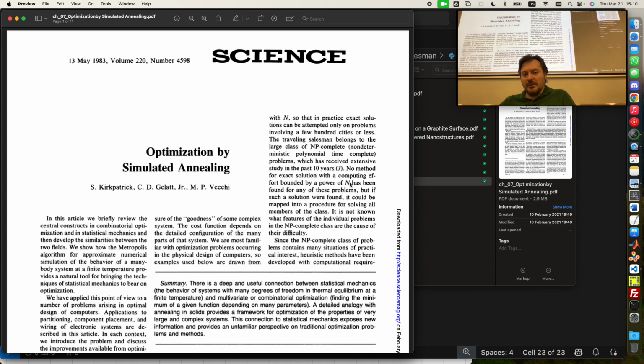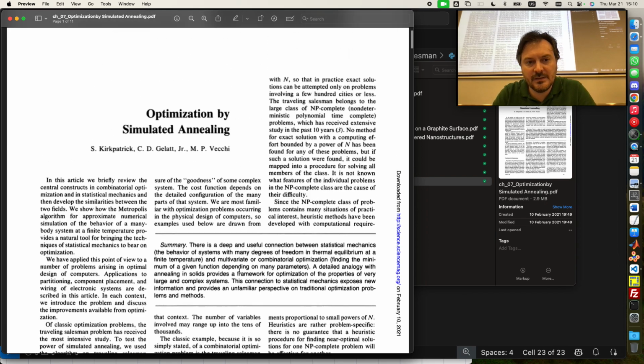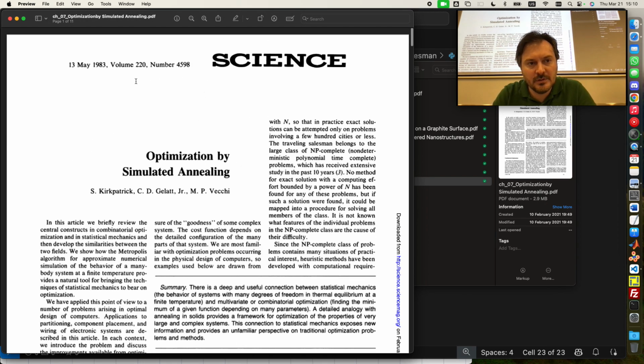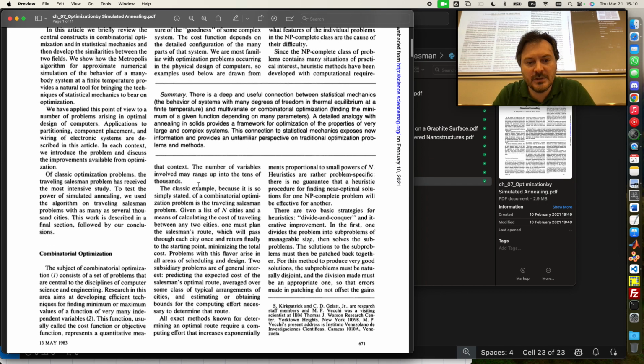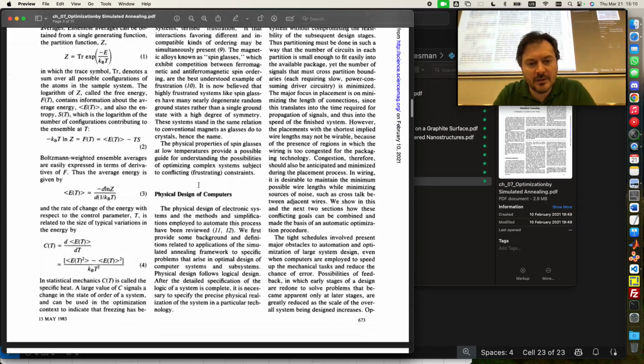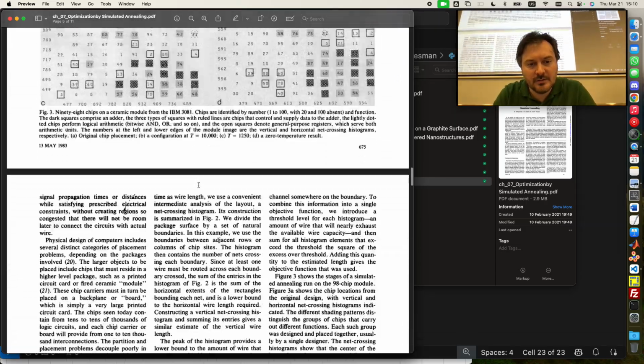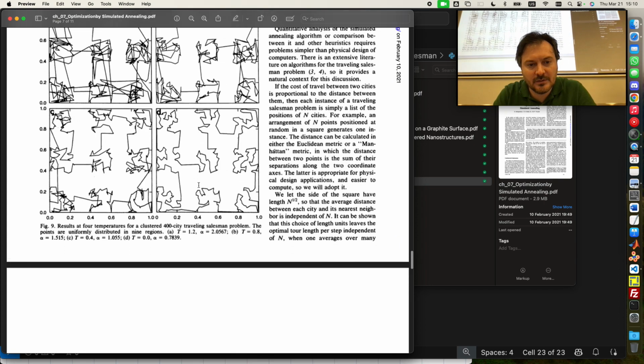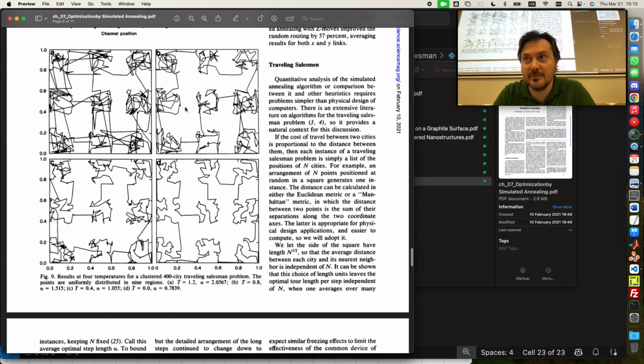It seems like a minimum. Before that, let me show you this paper, 1983, Science, Optimization by Simulated Annealing. This is exactly what they did. Do you see? Traveling salesman stuff.